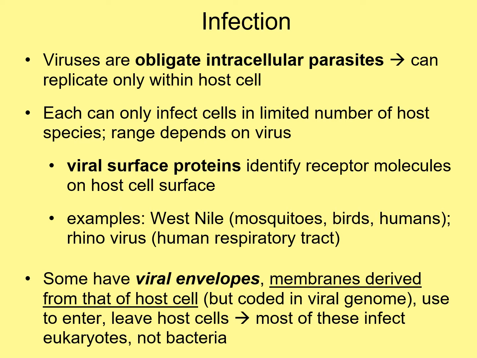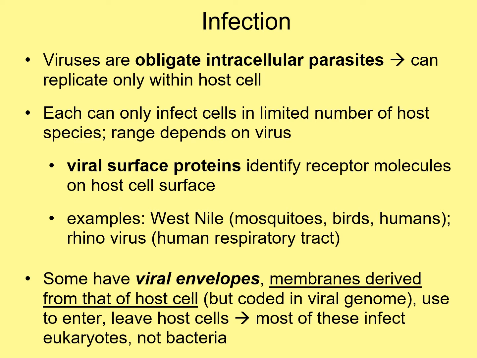So again, our virus has basically two main ways of getting inside the host cell. One is by injecting its genetic material into the host, usually through those surface proteins that are going to recognize the virus and allow it to inject its DNA, or through the use of the viral envelope.